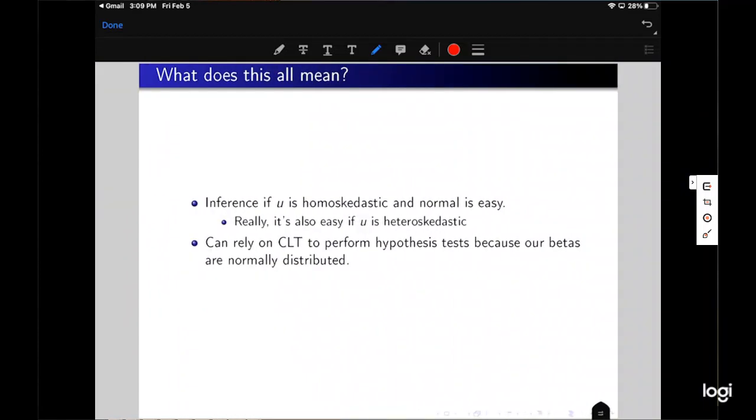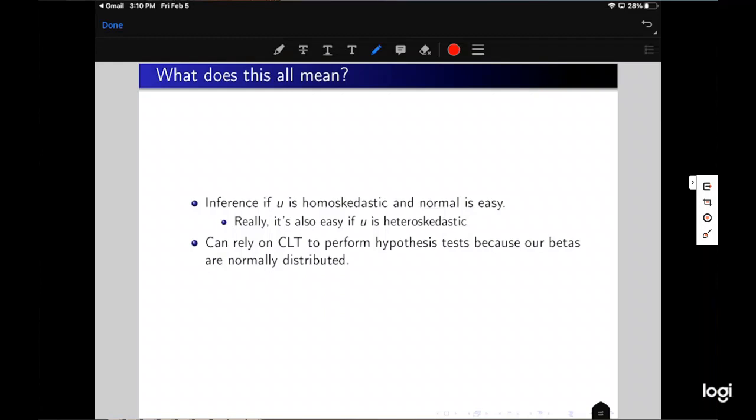What does this all mean? Inference if u is homoskedastic and normal is easy. We should also note that if you just implement the heteroskedastic error formula in R, then inference is also easy. We're back to the same situation. We just correct our standard errors and we have the same old t-stats that we did before. Nothing really changes as long as you tell R you want heteroskedastic robust standard errors.